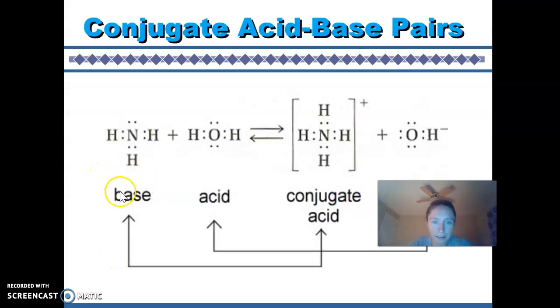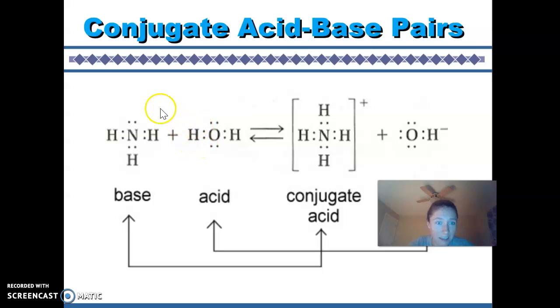So here's the same example, but here's a better picture of it. Again, you start off with water and your ammonia, and ammonia, NH3, based on your reference table, is a base, and it steals the H plus, just the hydrogen with no electrons, so it's called a proton.